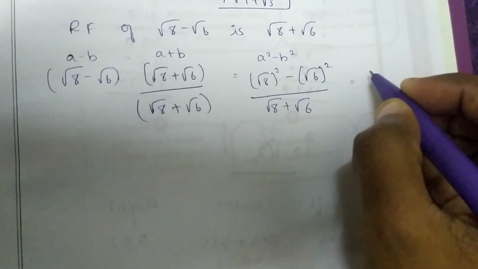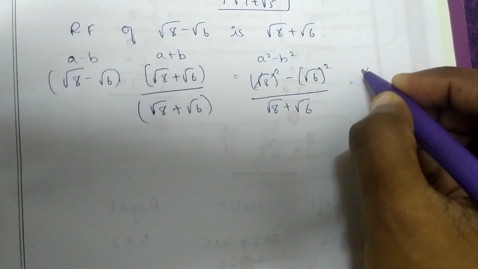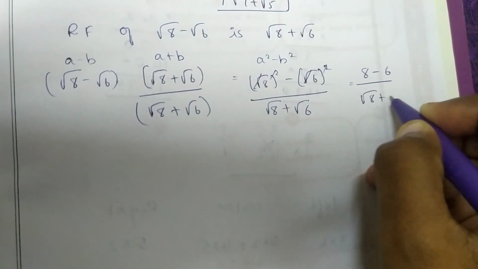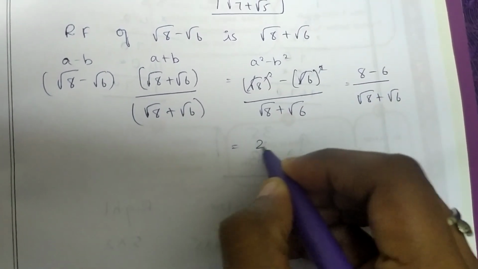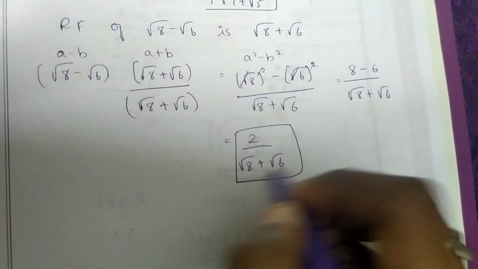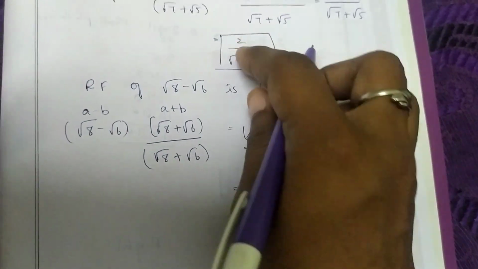Cancelling, you get 8 minus 6, so 2 divided by root 8 plus root 6. You have to consider these two numbers alone.